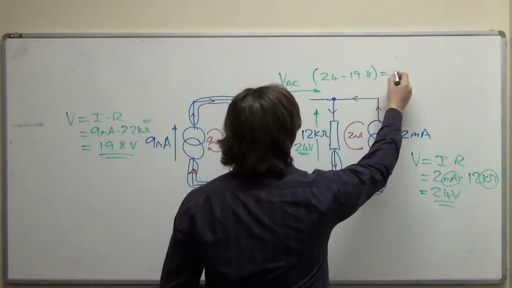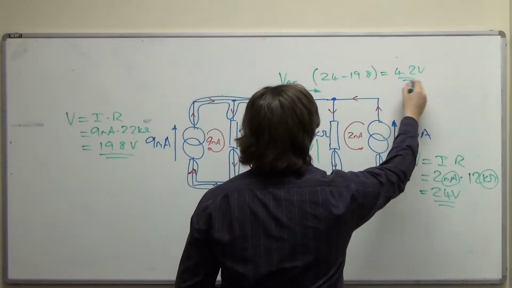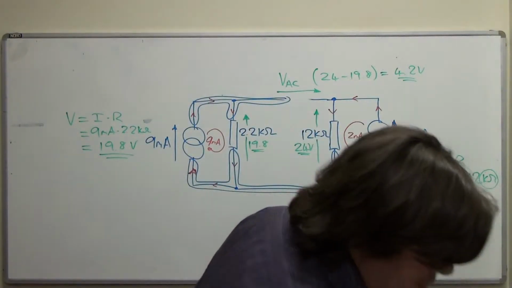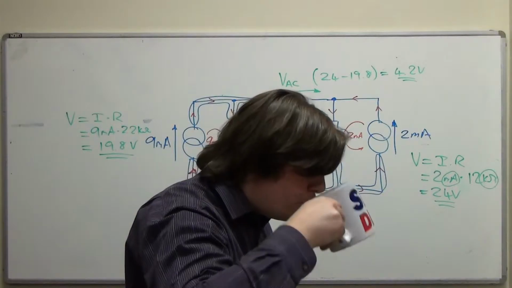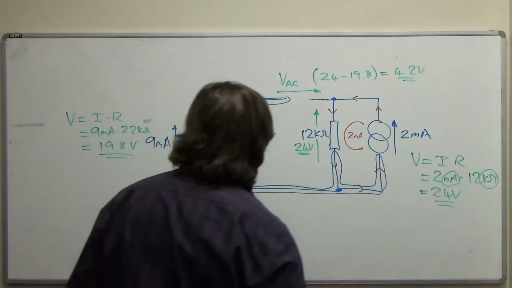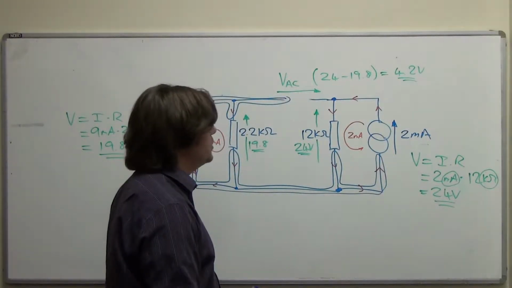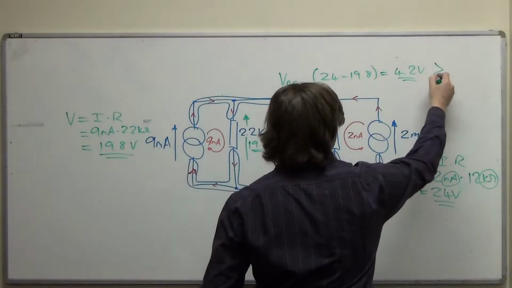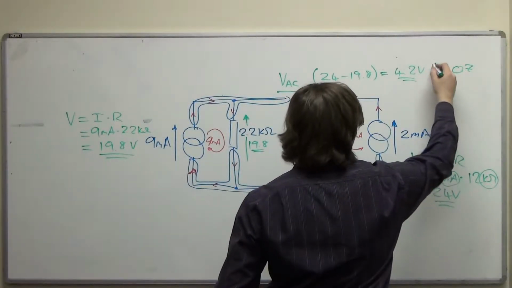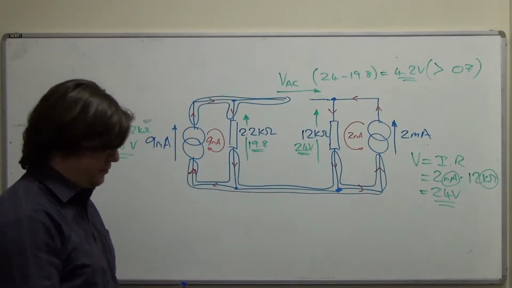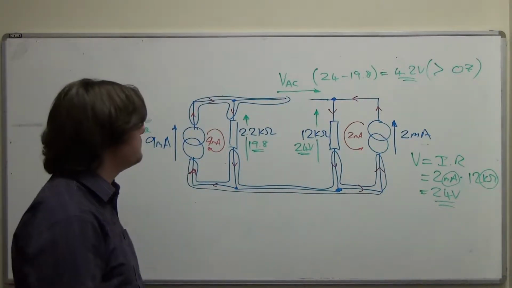So that is more than 0.7, so if it was on the script you might even go, is more than 0.7, just to let the poor person who has to mark your exam script know what it is you're thinking.